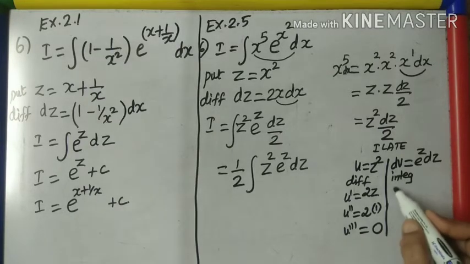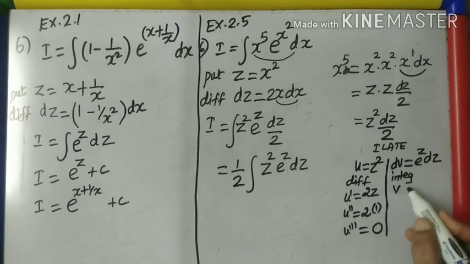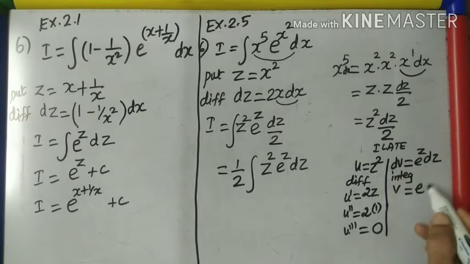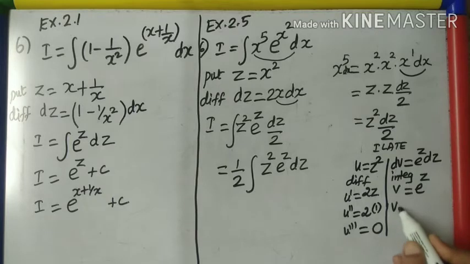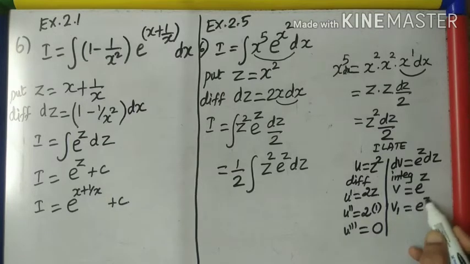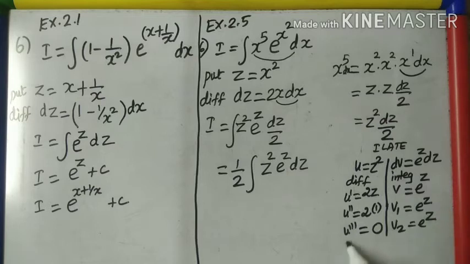Same thing, we are integrating. dv will become v. E power z formula, e power z. Next integral also e power z. Next integral also e power z. And what is the formula we have learnt? U dv integral is uv minus u dash v1 plus u double dash v2. Triple dash is 0, so forget it.